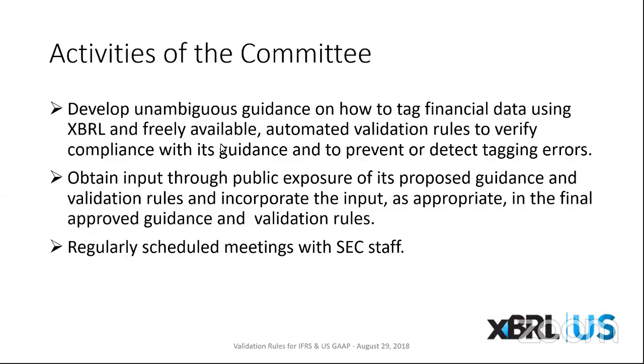The DQC guidance and rules do prevent errors and improve consistency of tagging. We'll talk more about that later, but it also must be said that the automated rules can't catch everything that could go wrong in an XBRL filing. It's not possible, and it still takes human involvement to get it right. So keep that in mind, but also know these rules are a substantial piece to getting it right. They're very key for that.